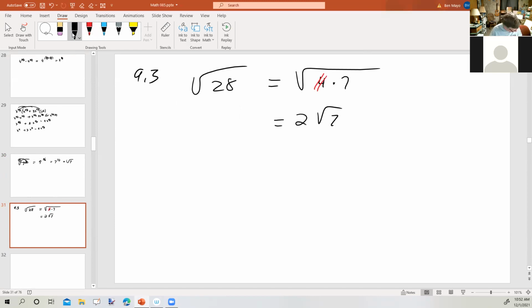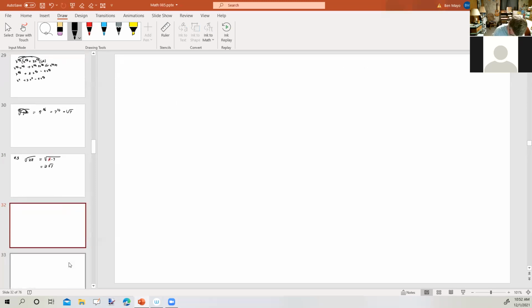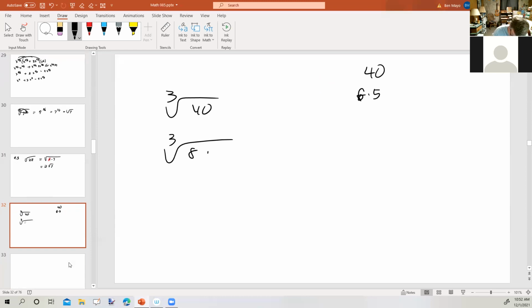And so I get 2 square roots of 7. If I have something like this, the cube root of 40, I'm going to take 40 and break it down into cubes and leftovers. 8 is a cube, so the cube root of 8 times 5. The cube root of 8 is 2 outside, and the 5 remains inside.